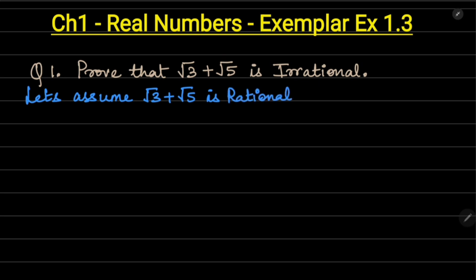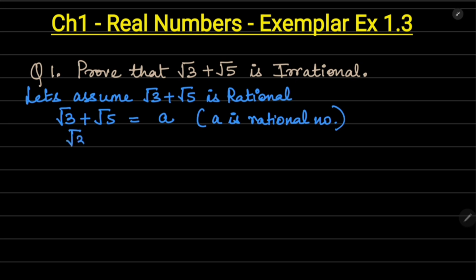What do you mean by rational? Any number that can be written in the form of P by Q. Now instead of writing P by Q, for simplicity, I am going to write root 3 plus root 5 is equal to A, wherein A is a rational number. That means it can be written in the form of P by Q. Now let me keep root 3 on one side and take root 5 to the other side.